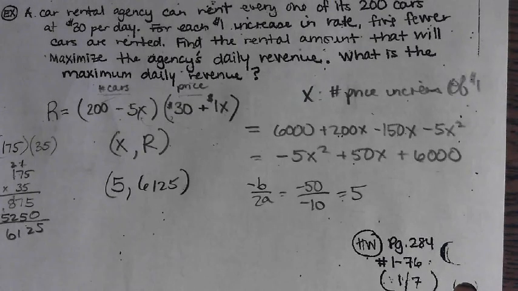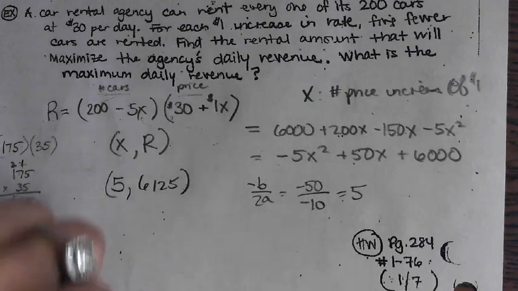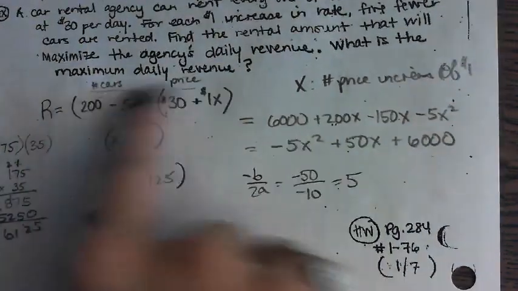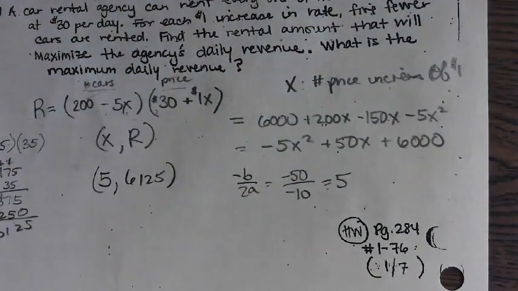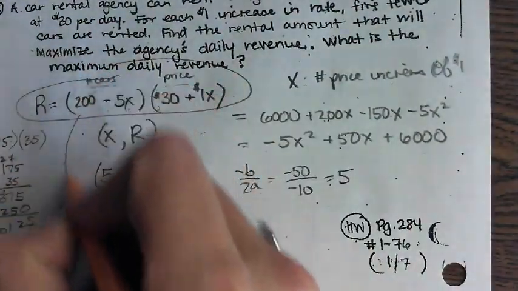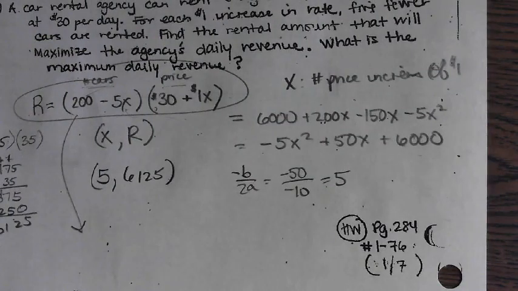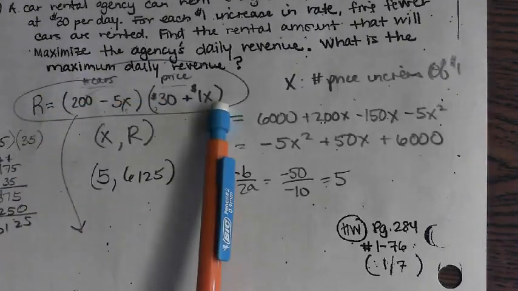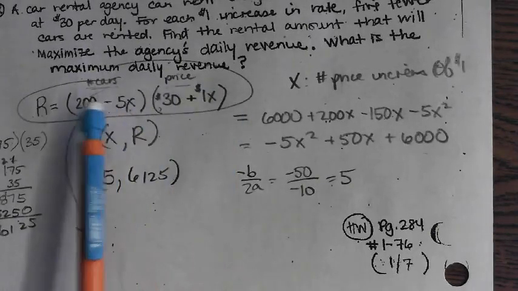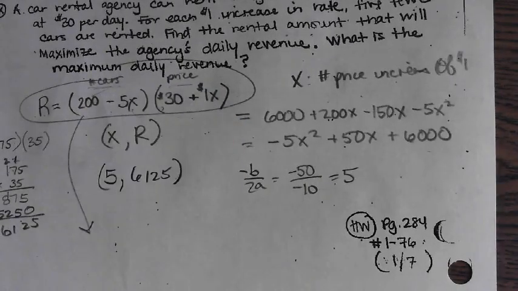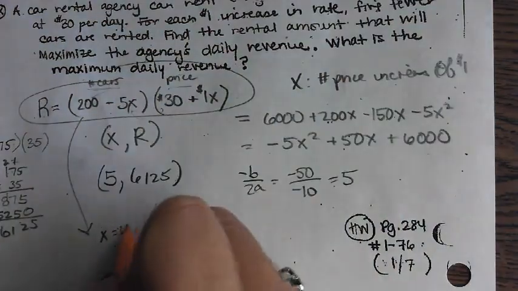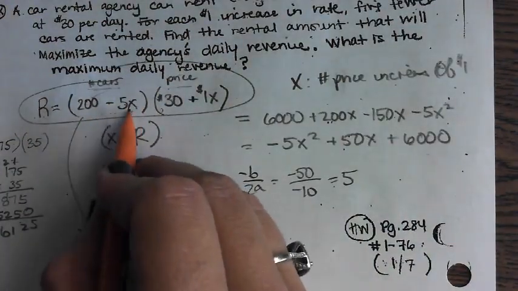Last thing, in the event that negative b over 2a and multiplying all this out seems overwhelming, how else can I use this to find the x coordinate of my vertex? What if I asked you to find your x-intercepts? Because this is in factored form, can't you just tee it up and see that your x-intercepts will be 40, right? 5 times 40 would give you 200 minus 200.